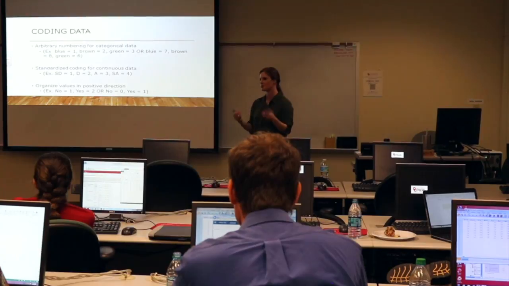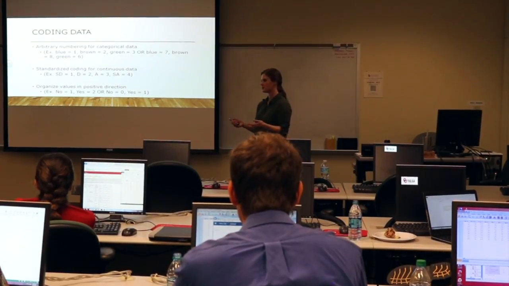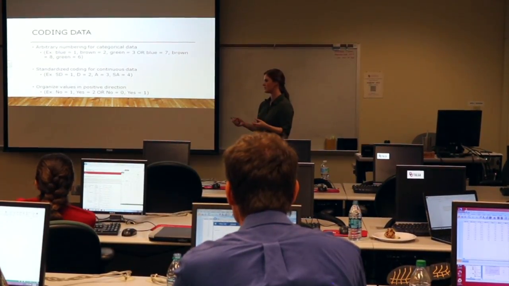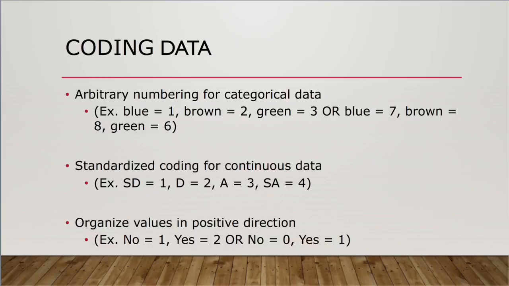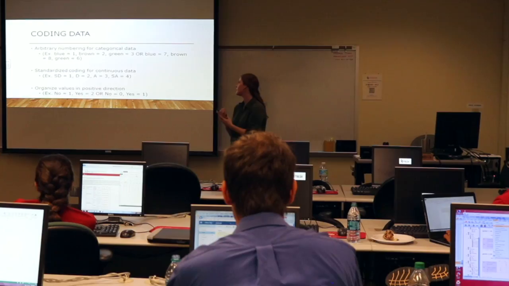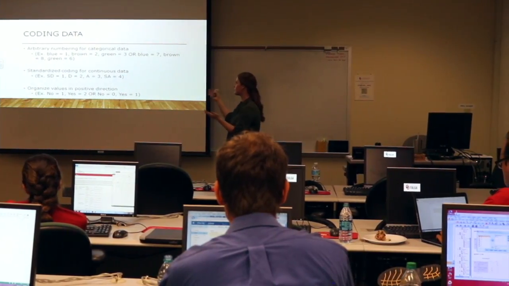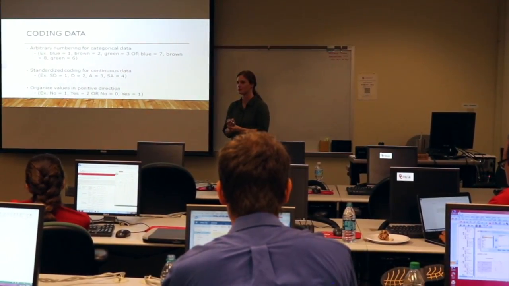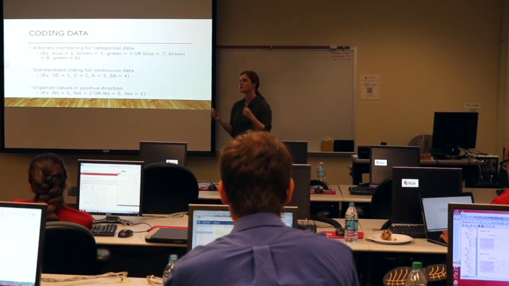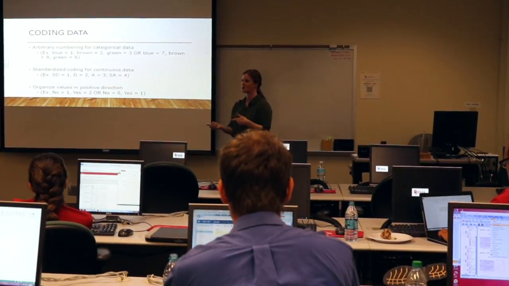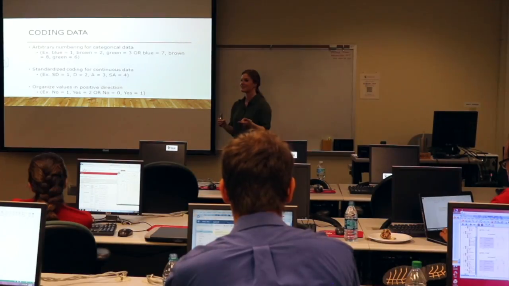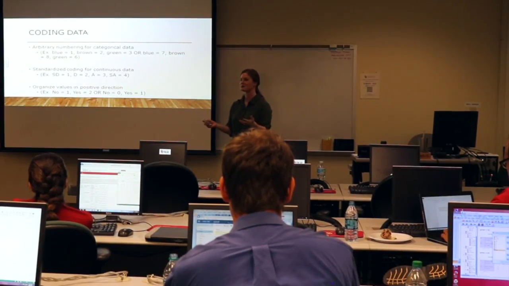They're just a numerical value that is holding the place of whatever the qualitative difference is. So I did eye color up here, for example. You could do eye color as blue equals 1, brown equals 2, green equals 3. Or you could do 7, 8, 6. It doesn't matter, was the point I was trying to make there. Just as long as you know what the codes are, that is all that matters.